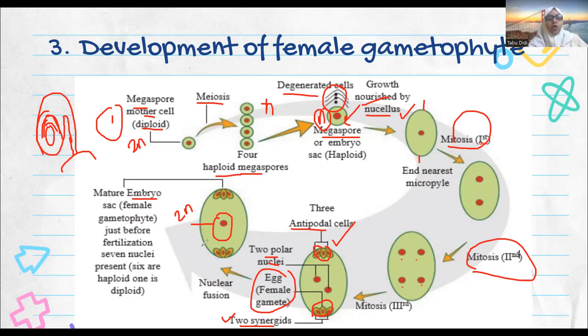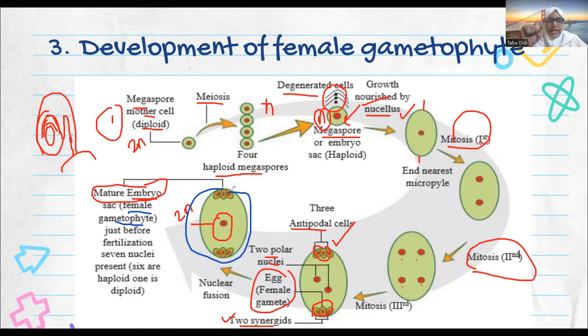So this is how the final female gametophyte will look. We either call this whole thing the mature embryo sac, or you can call it the female gametophyte. This whole thing is the mature embryo sac. Now this is ready to be fertilized by any male gamete, that is the pollen grain.